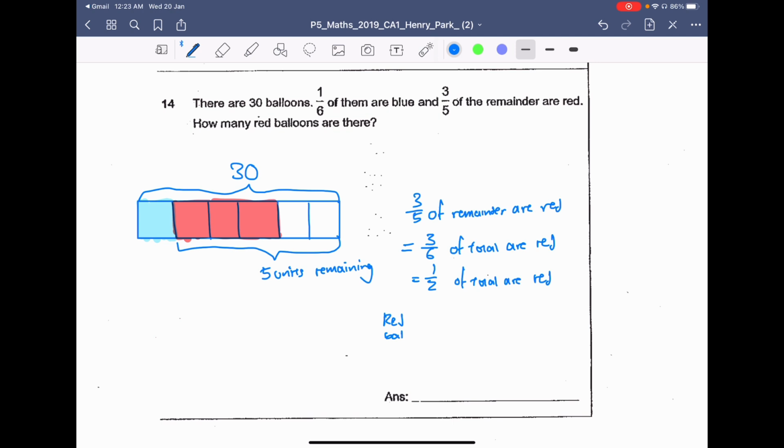So red balloons equals half times 30 equals 15.